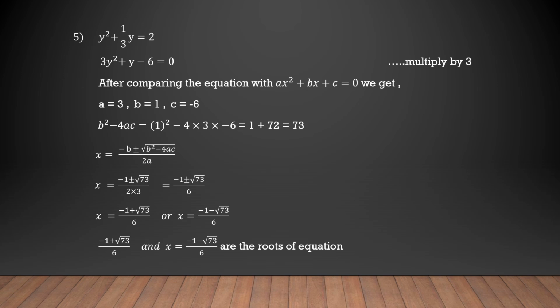So we write 6. Then we get x = (−1 + √73) / 6, or x = (−1 − √73) / 6. So the roots of this equation are (−1 + √73) / 6 or (−1 − √73) / 6.